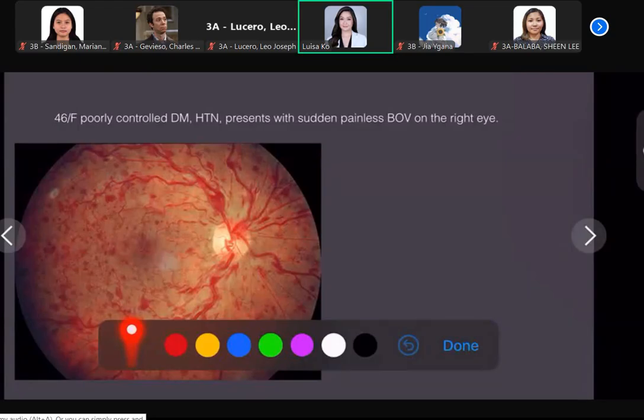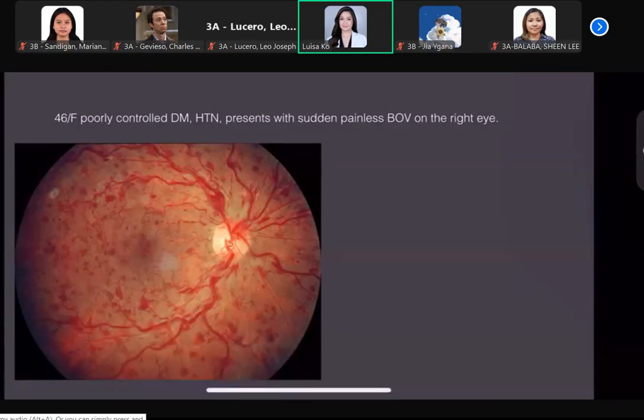Some families have bigger disc cupping than others. So a 0.5, a 0.6 can be normal for you as long as it's symmetric. Your right eye and your left eye should have the same cupping. And when you work up with the OCT, there are no signs of damage, and that can be normal also.